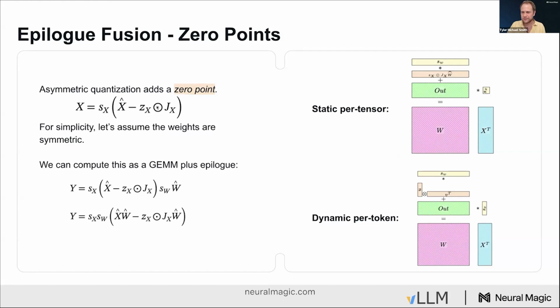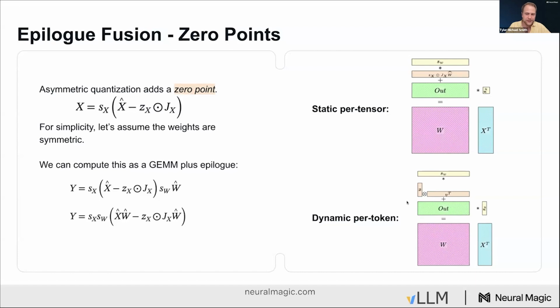This circle is a Hadamard product, so that's just an element-wise multiply with broadcasting, and j sub x is just a vector of all ones, or a matrix of all ones. We can do a little linear algebra and rewrite it as the following. For the static per tensor case, we just have this vector that we pre-compute ahead of time that needs to get added during the epilogue.